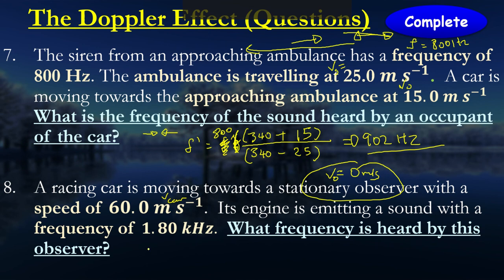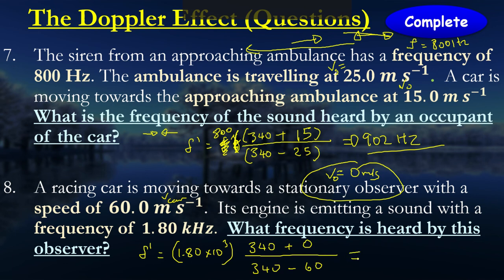So if that's the case, we have f prime, which is what we're trying to find. 1.8 kilohertz is 1.8 times 10 to the power 3. Divide by the speed of sound, plus the observer, which is moving at 0. We are moving towards a stationary observer, coming towards, and so we have minus 60 meters per second.